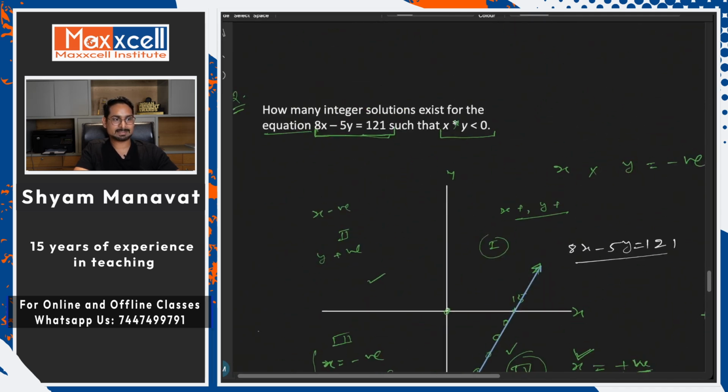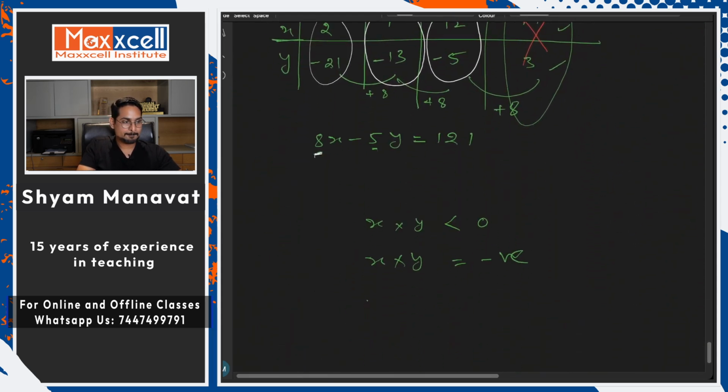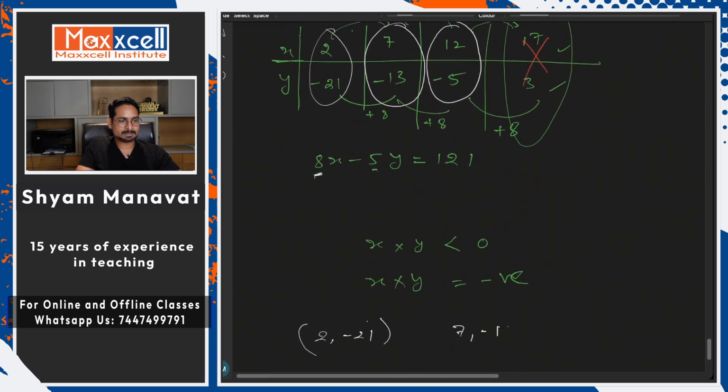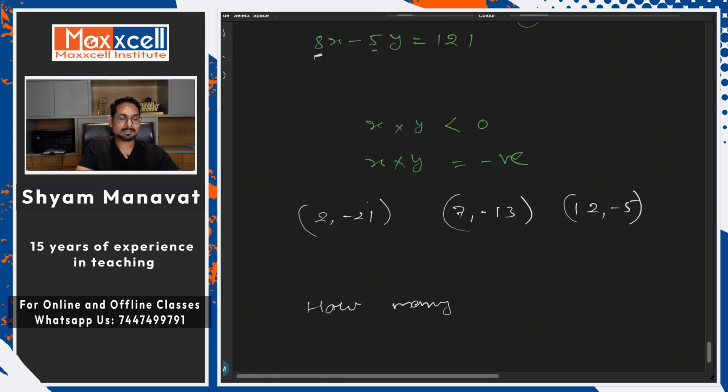For this equation, for the product of x and y to be negative, there are only 3 values. What are they? 2 comma minus 21, 7 comma minus 13, and 12 comma minus 5, right? Question is how many values? So the answer is there are 3 values.